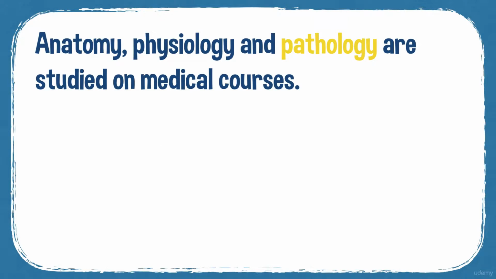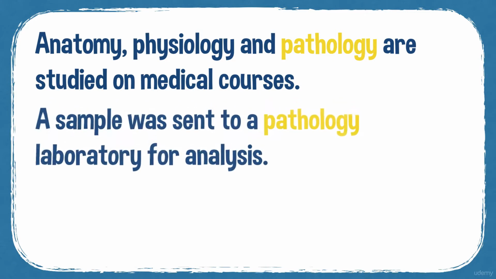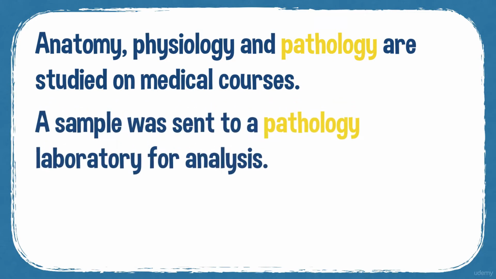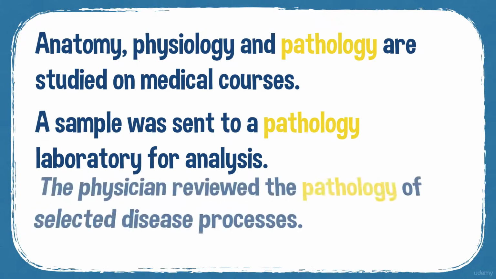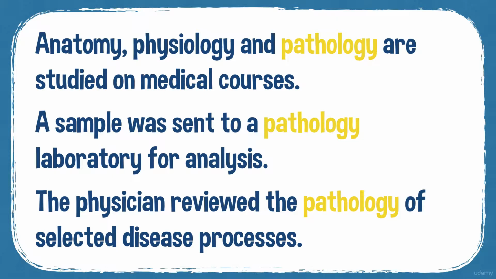Anatomy, physiology and pathology are studied on medical courses. A sample was sent to a pathology laboratory for analysis, maybe a sample of blood. The physician reviewed the pathology of selected disease processes.